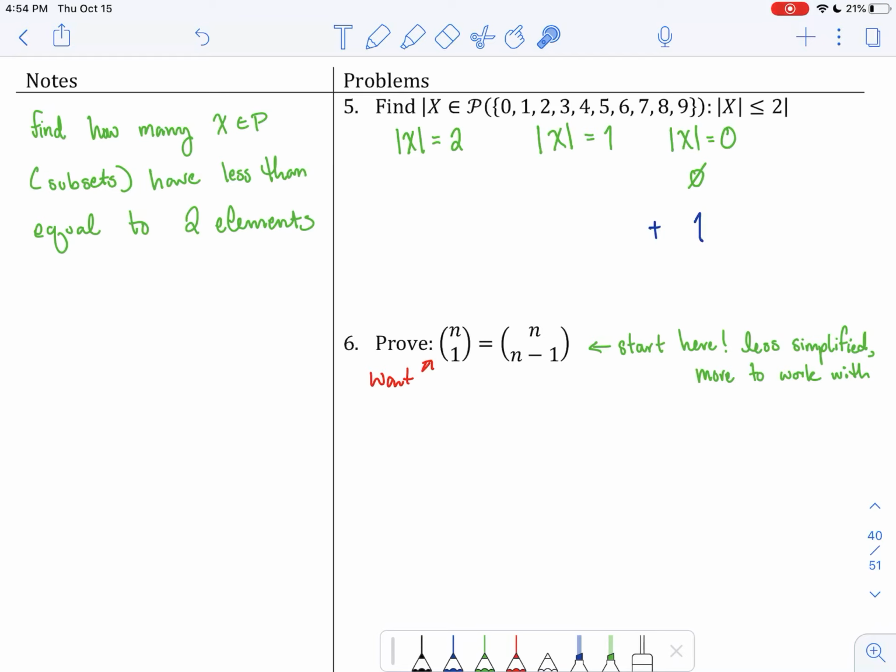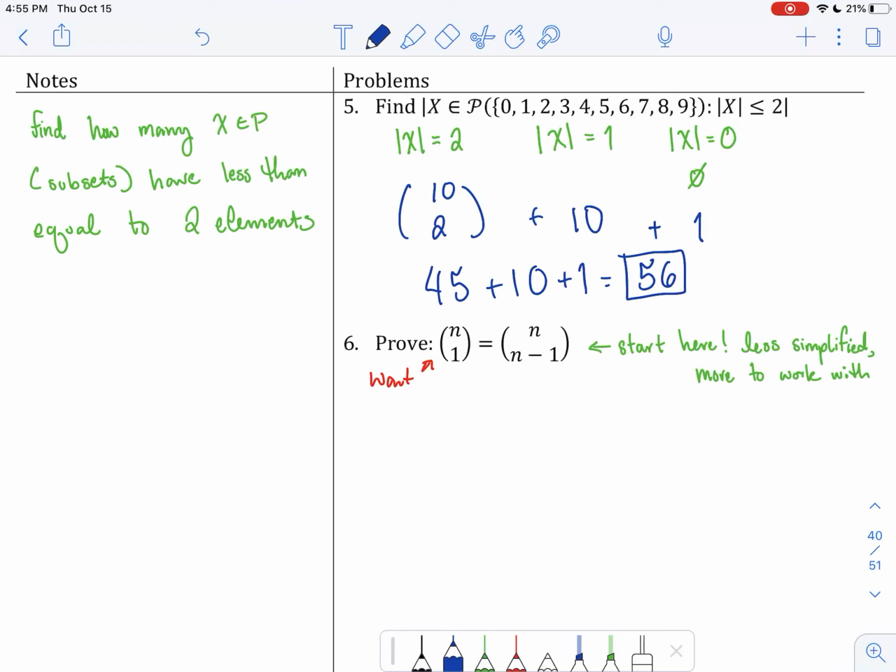Well, there's 1, 2, 3, 4, 5, 1 for each element of the set. So sometimes you could do the, in this case, 10 choose 2, because I don't want to do quite that math off the top of my head, but some you can just write them in. 10 choose 2 ends up being 10 times 9 over 2, which is 45, plus 10 plus 1. Since it's less than or equal to, we add them all up, and you end up with 56 as our subset count.